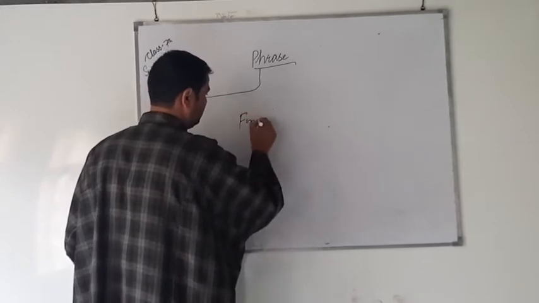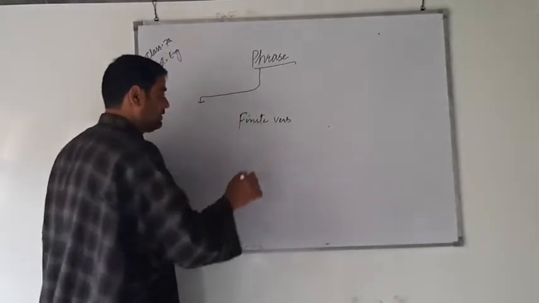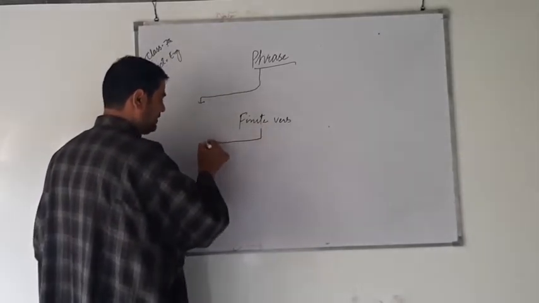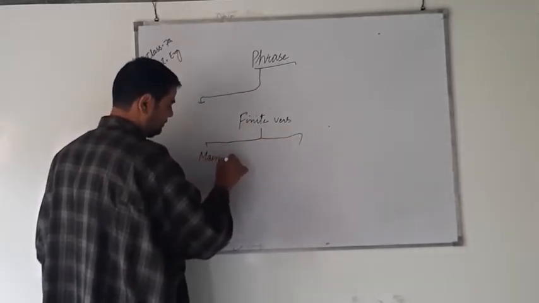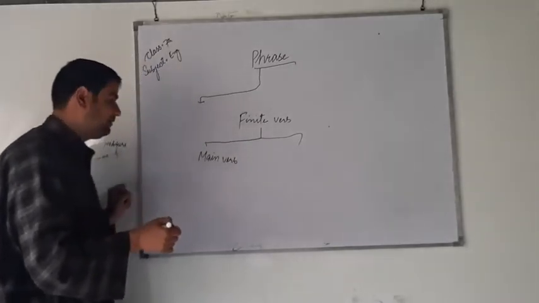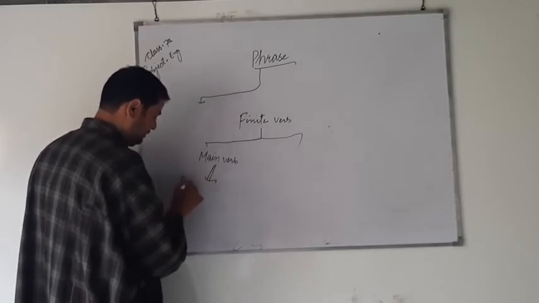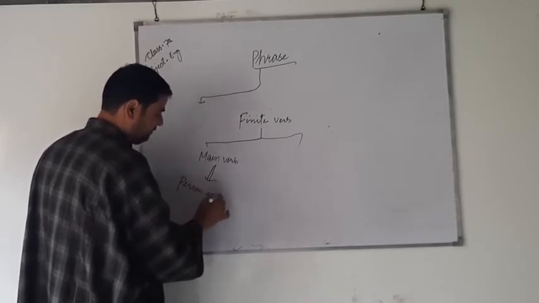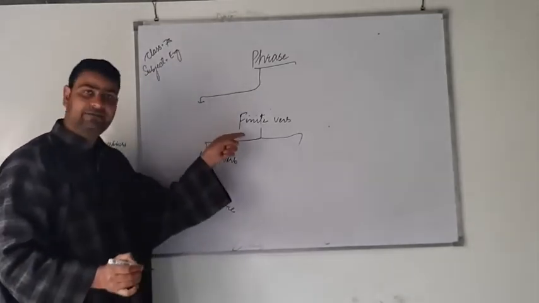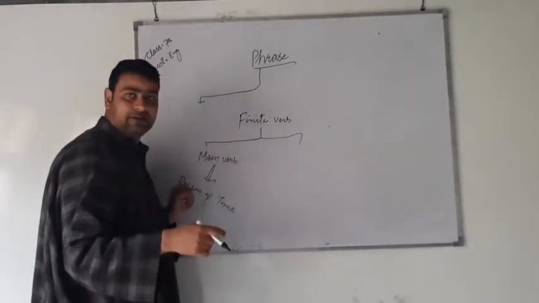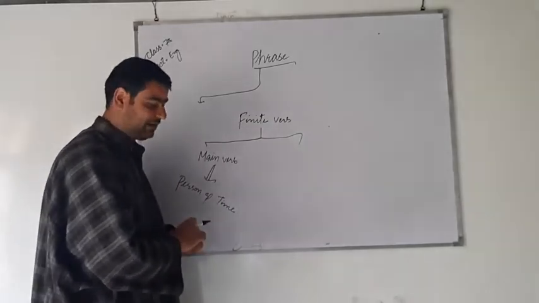Finite: in a sentence you will find a main verb, a principal verb that changes with person and with type. That verb which changes with person and type is called a finite verb, and that verb which does not change with person or type is a non-finite verb.